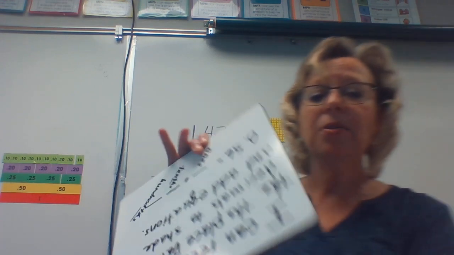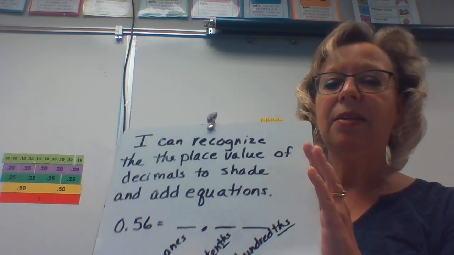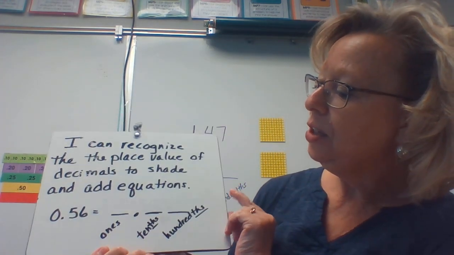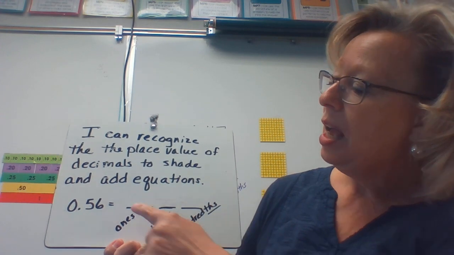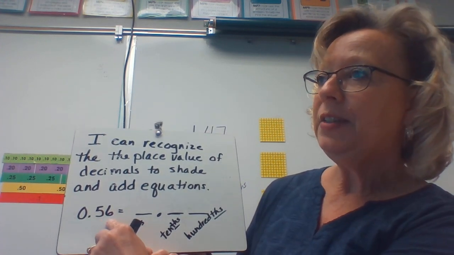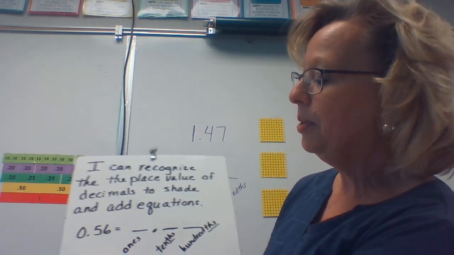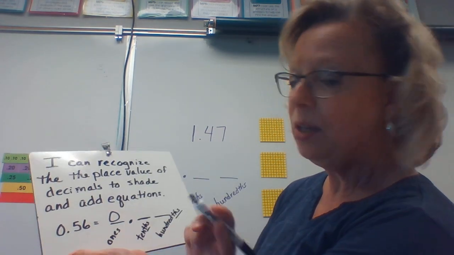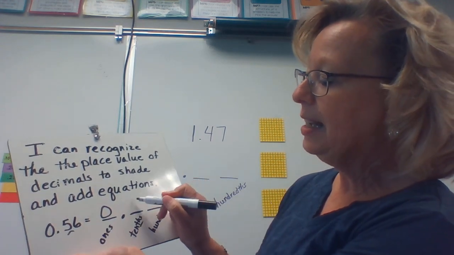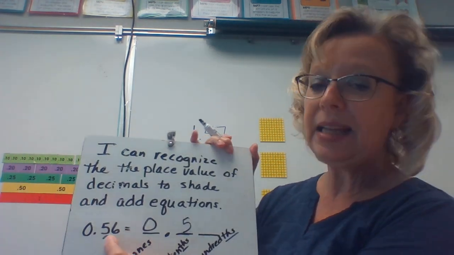So when I talk about our idea, whoops, that's upside down, of being able to recognize place value of decimals, this one is, we would say decimal 56 hundredths. So when we talk about place value, there's not any ones. There are 5 tenths because that is the tenths spot.